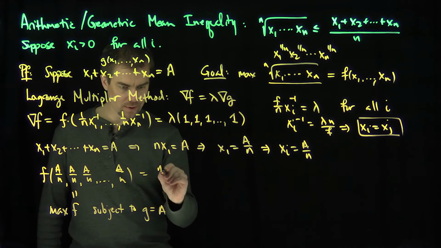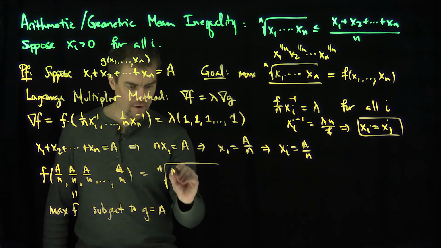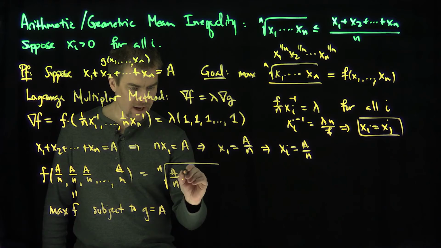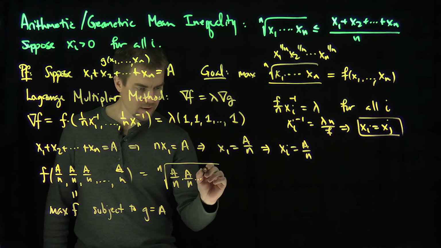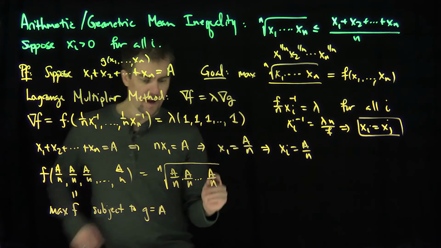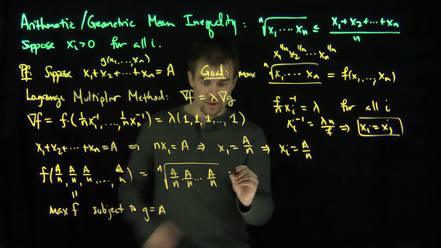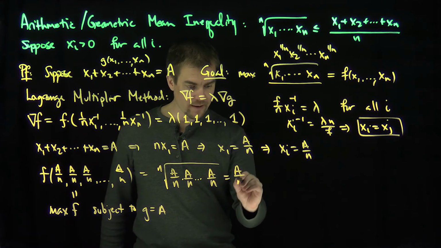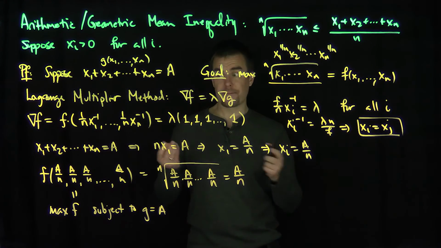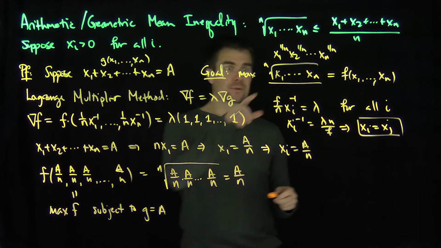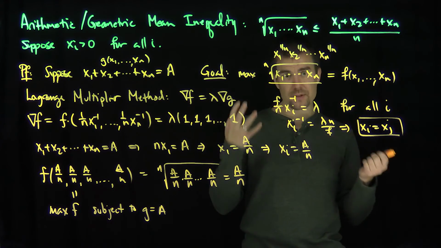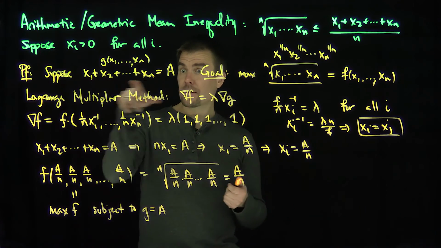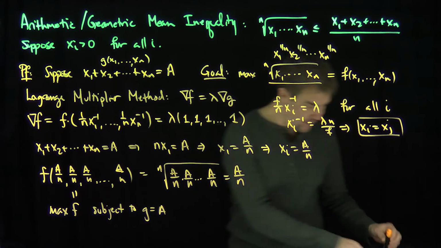This is just the nth root of a over n times a over n times through a over n. That's n copies of a and n copies of n, so it's just going to be a over n. So a over n is the maximum of this function. That means the absolute largest this nth root of x1 through xn can be is a, the sum of the xi's, over n.